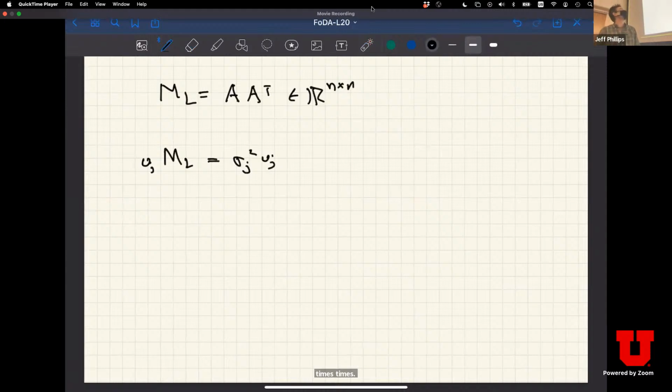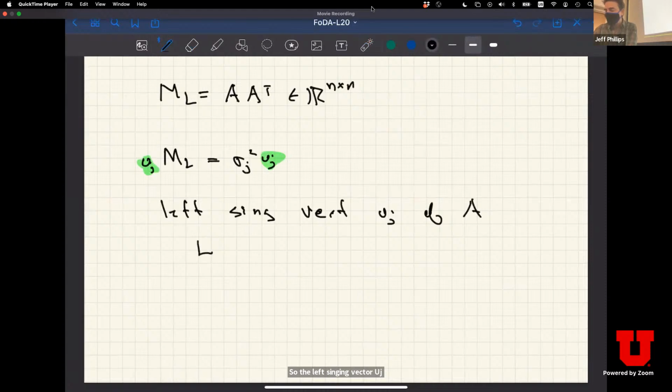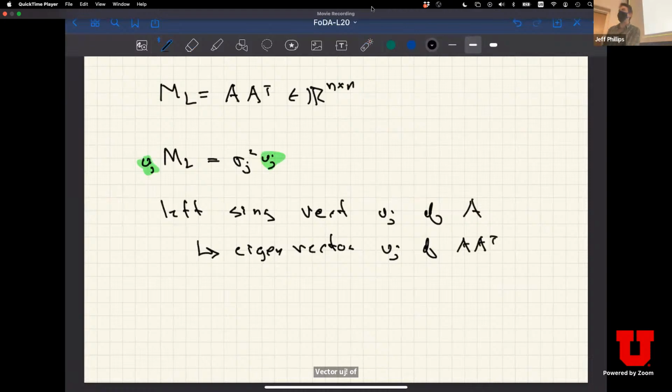So if I do A A transpose, the left singular vector Uj of A is the eigenvector Uj of A A transpose. So I can do this on the left-hand side. I get the same singular values, or the same eigenvalues, which are still the squared singular values here.